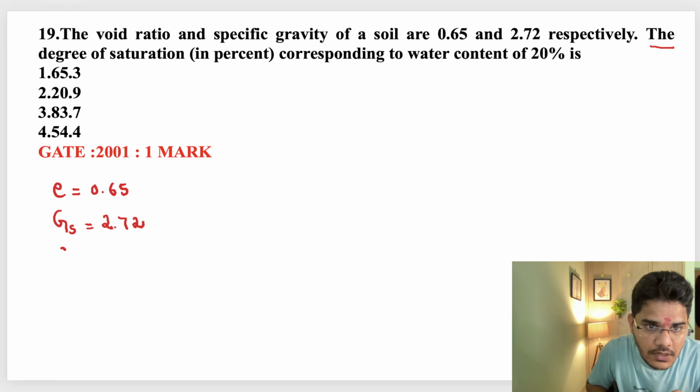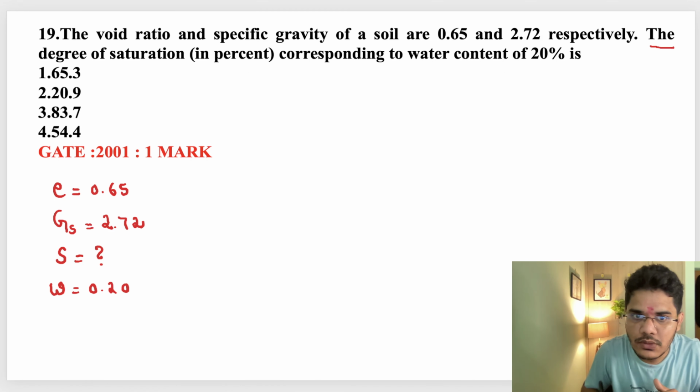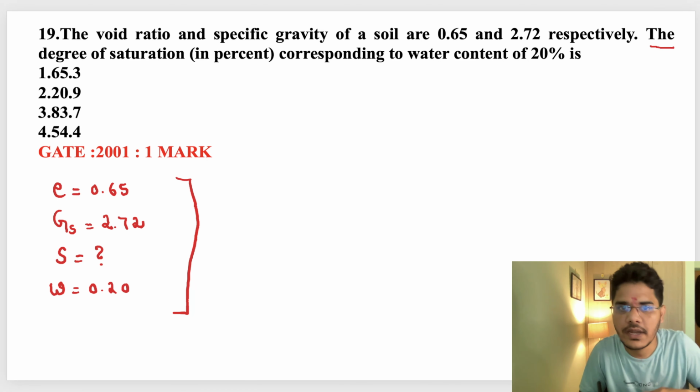So S we have to find out, corresponding to water content 20%, that means 0.20. We have one relation, e into S is equal to Gs into w. Based on that only we will be finding it out.